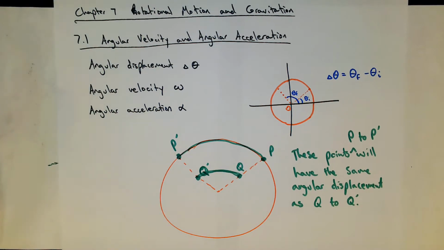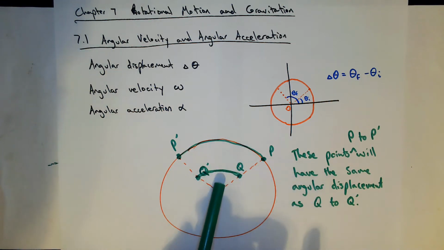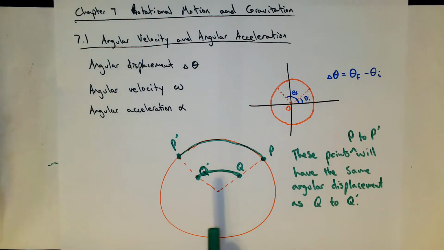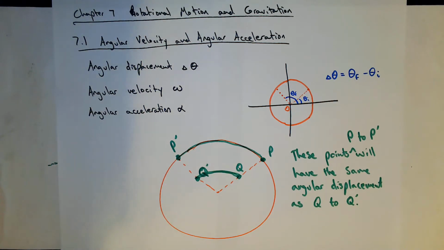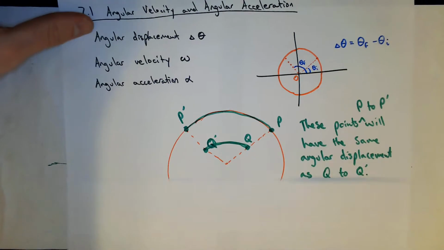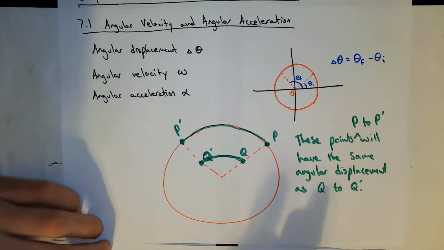In 7.3, we will look at that issue of talking about what is the difference between, because there is a difference, but it's in a different context. So for now, we say any point really along from this reference line to this reference line has the same angular displacement. Okay, good.